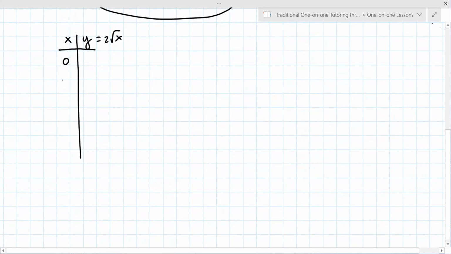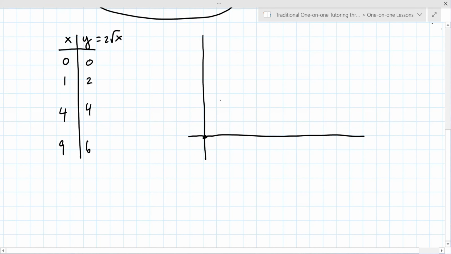You have to pick points that are nice. 2 times the square root of 1 is 2. The square root of 4 is 2, times 2 is 4, and 2 square root of 9 is 6. So you have these points on your graph: 0, 0, 1, 2, 4, 4, and 9, 6. So we get something that looks like this.